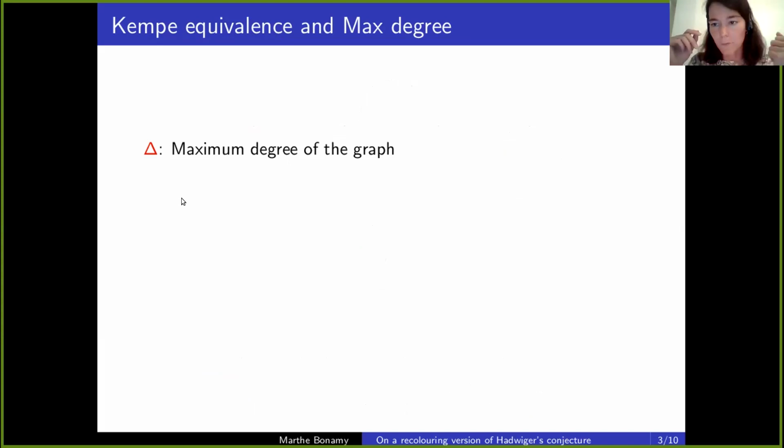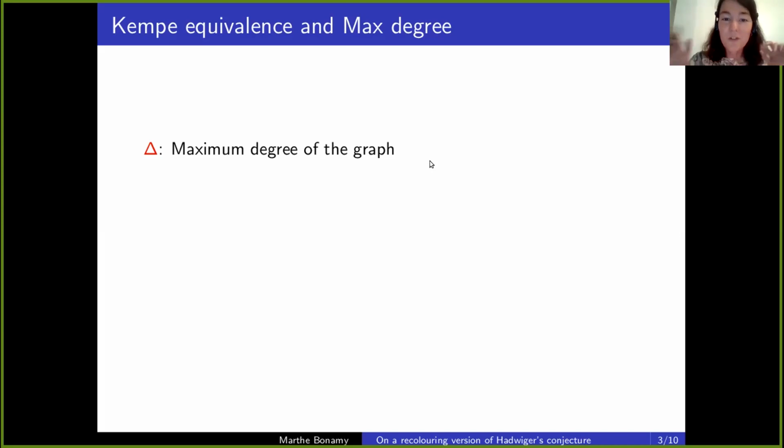One of the very first results you see in this topic says that if you do greedy coloring, meaning you take the graph, order the vertices arbitrarily, and for every new vertex you look at, give it the smallest color not used by its neighbors which are already colored, then you can always color the graph with delta plus 1 colors. That's an upper bound I can always get for free in a greedy way.